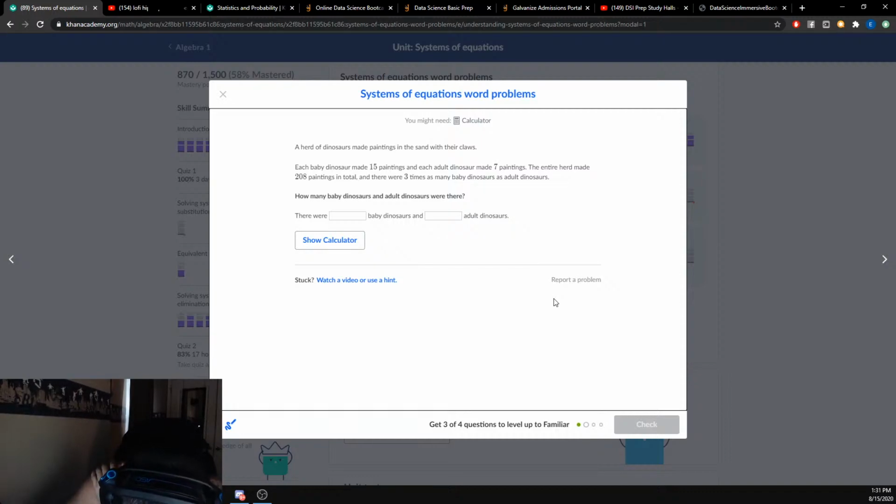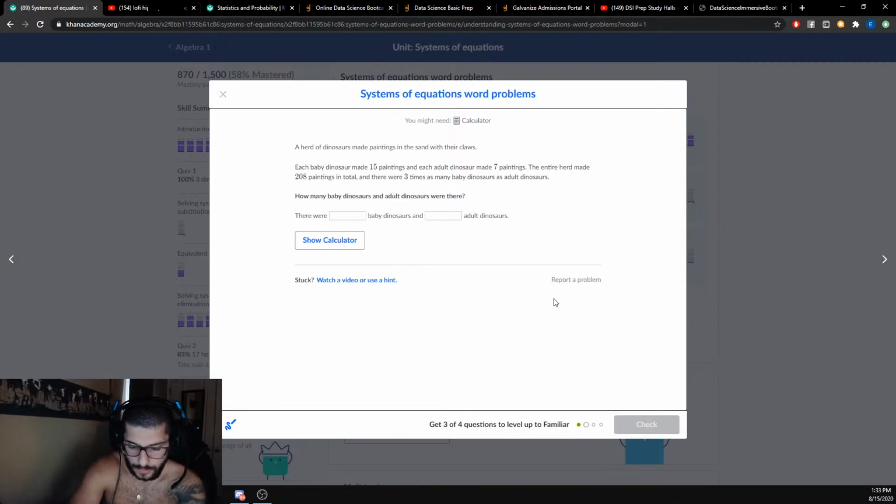So plug that in now. So it's going to be 15 times 3y.